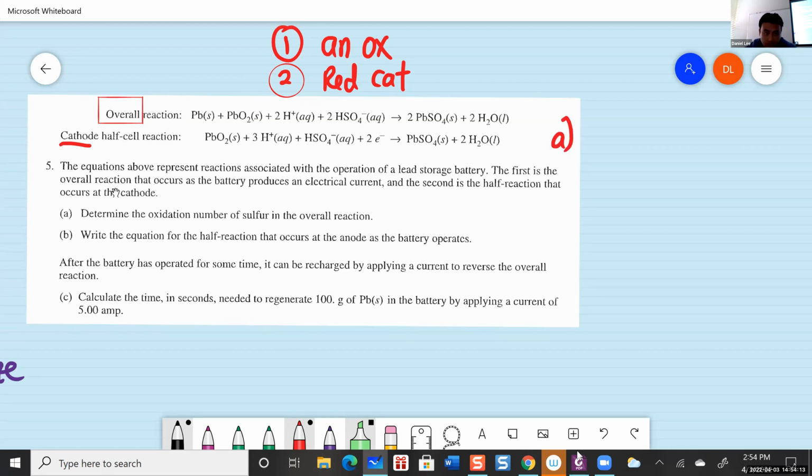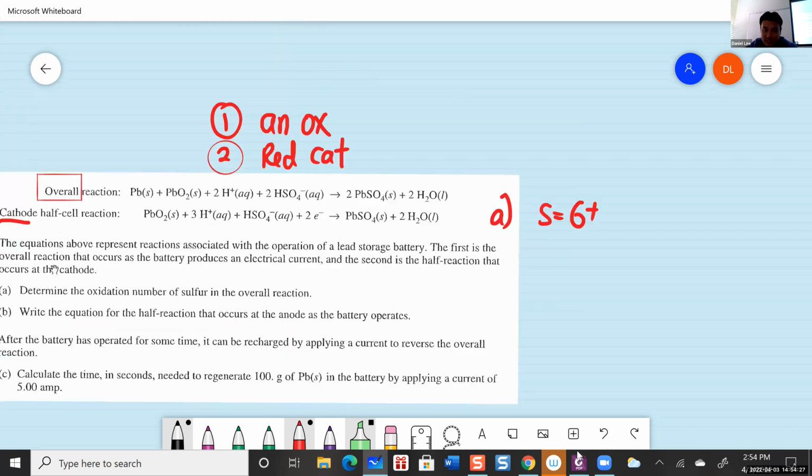Sulfur before is 6+, and the sulfur after is also 6+. How do you know sulfur is 6+? You need to review oxidation states. O is 2 minus, except in peroxide, where it's 1 minus. Hydrogen is 1 plus.